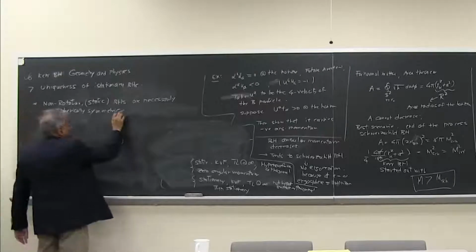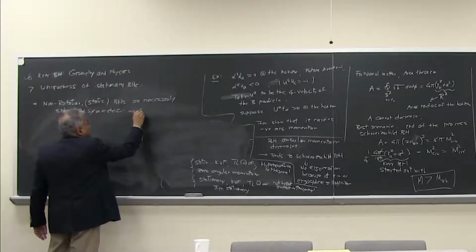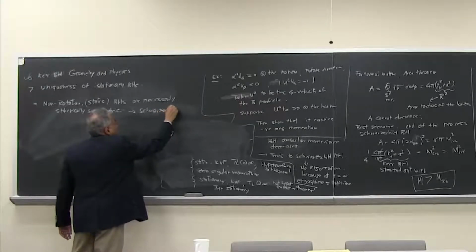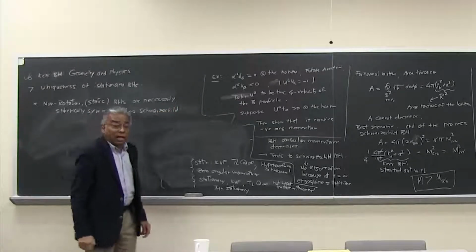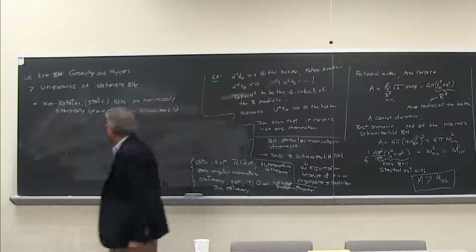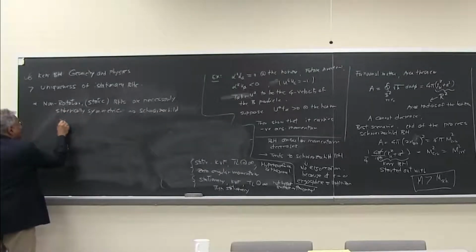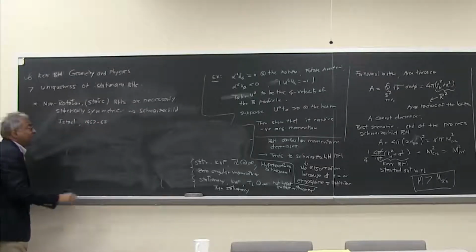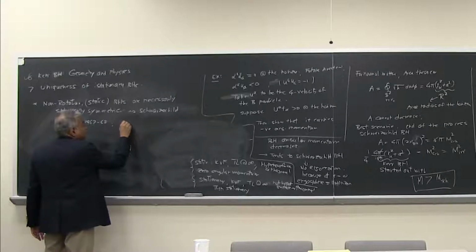And because of Birkhoff's theorem, then they are Schwarzschild. So this is a theorem which was first proved by Israel, I think in '67, '68, a couple of papers, and then improved by others, several people.